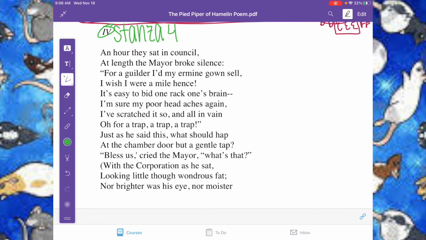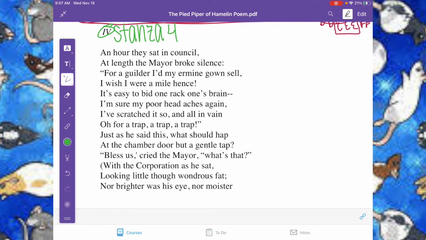An hour they sat in council. At length the mayor broke silence. For a guilder I'd my ermine gown sell. I wish I were a mile hence. It's easy to bid one rack one's brain. I'm sure my poor head aches again. I've scratched it so, and all in vain. Oh, for a trap, a trap, a trap. Just as he said this, what should hap? At the chamber door, but a gentle tap.